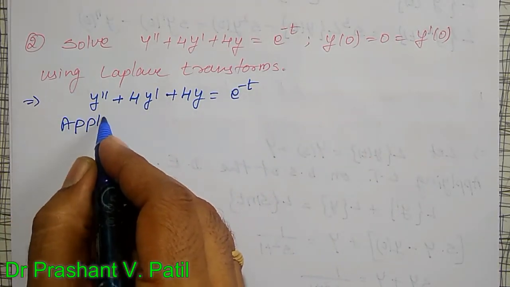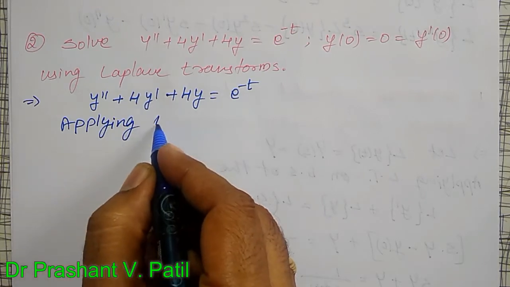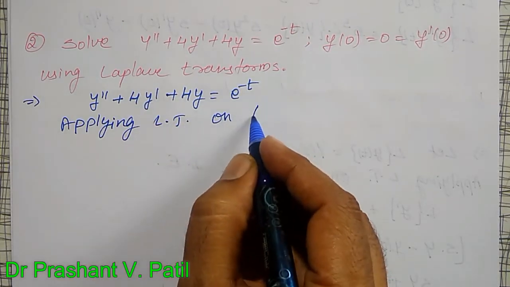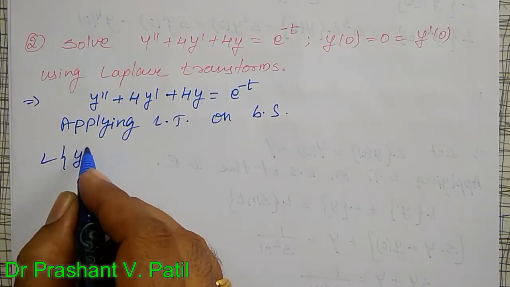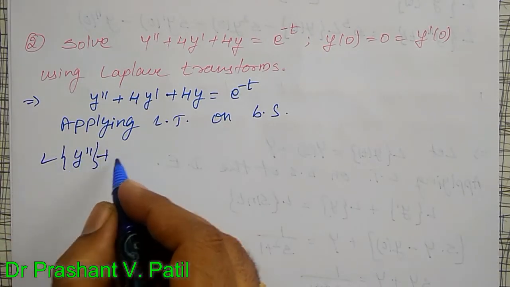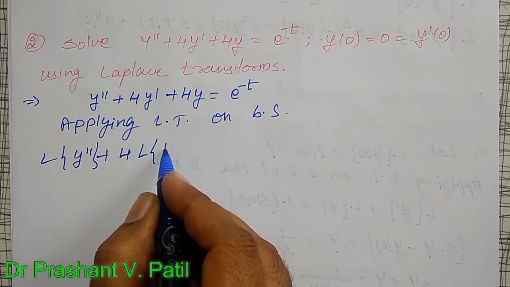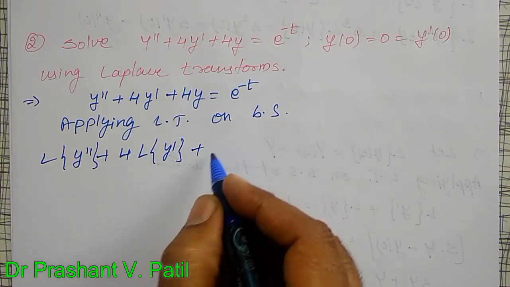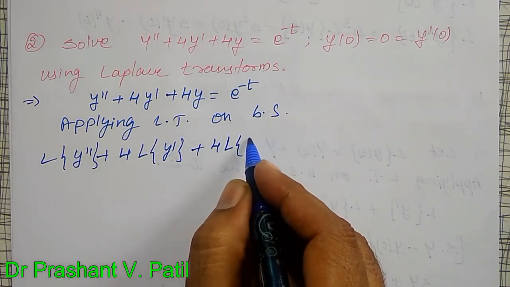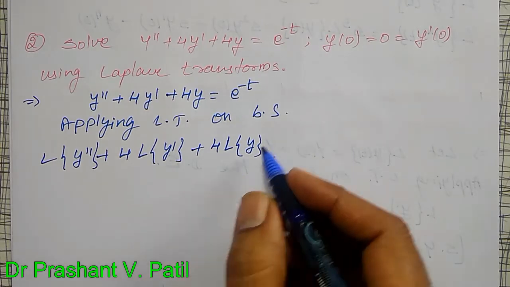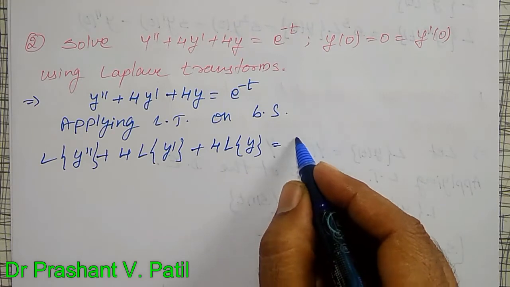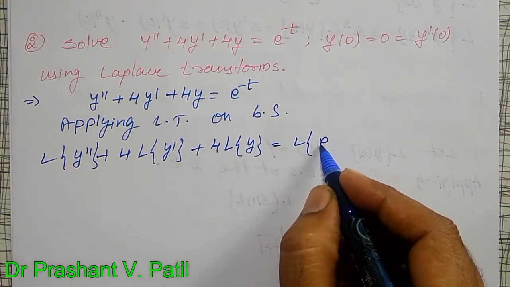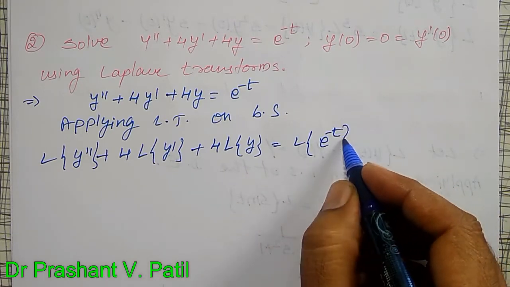applying Laplace transform on both sides, then I will get Laplace transform of y double dash plus 4 times Laplace transform of y dash plus 4 times Laplace transform of y equal to Laplace transform of e to the power minus t.